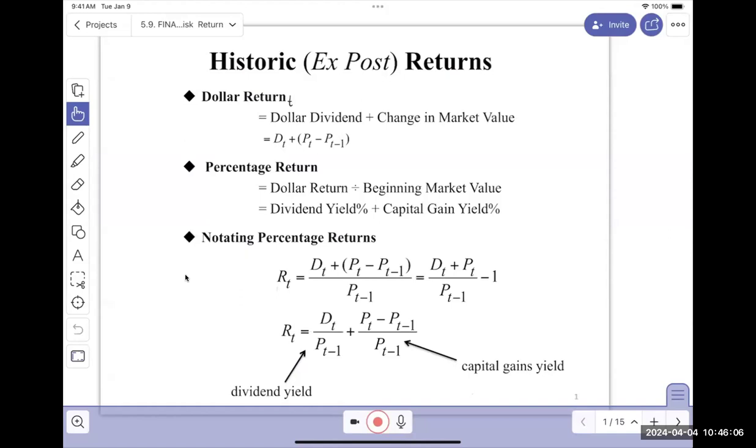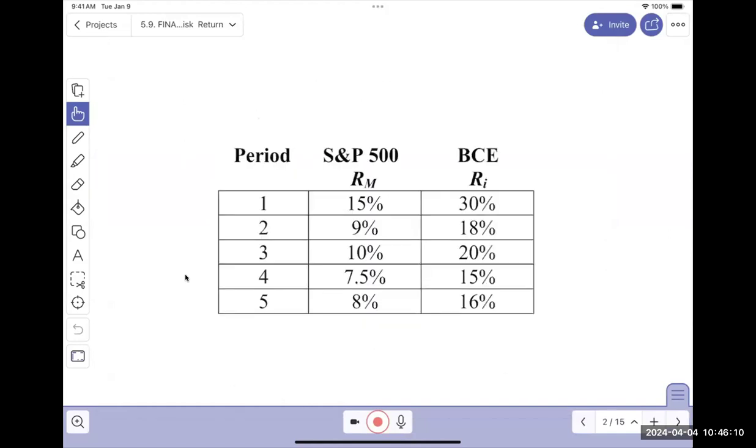Okay, so our goal is to first talk about where these returns come from in any given period, with the objective of knowing where these come from and then using these returns to come up with an estimate of the discount rate for firms that issue stock.